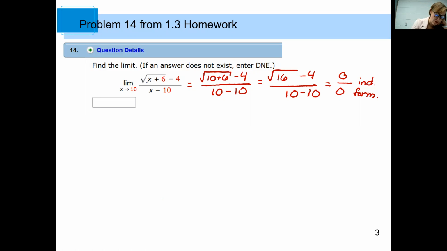Okay, so what I'm going to do next is attempt to rewrite the numerator. So here I'm looking at the limit as x approaches 10 of the square root of x plus 6 minus 4, over x minus 10.